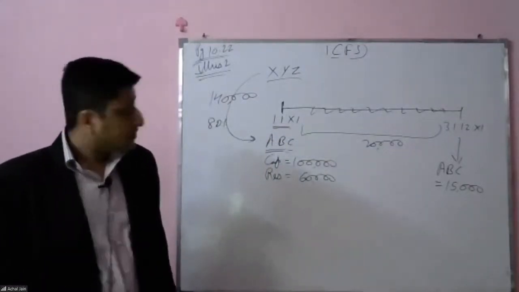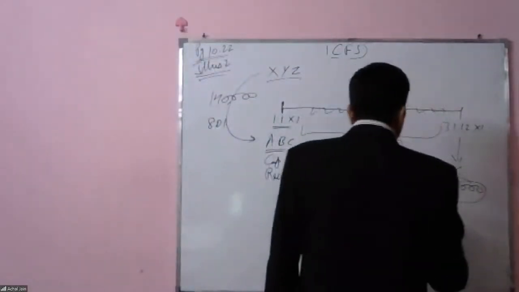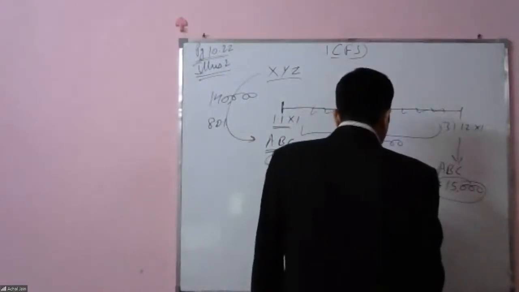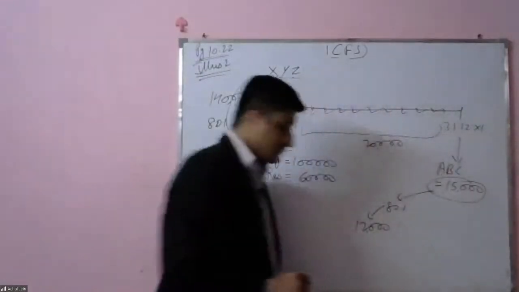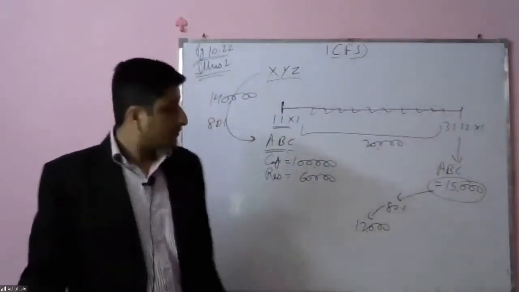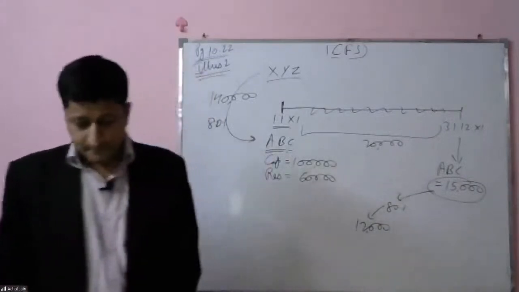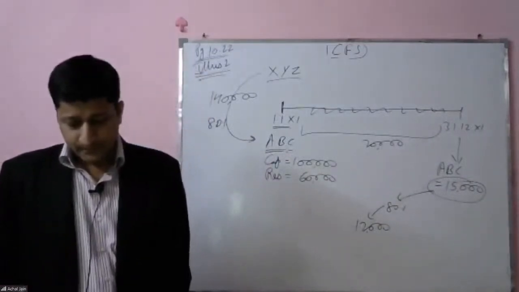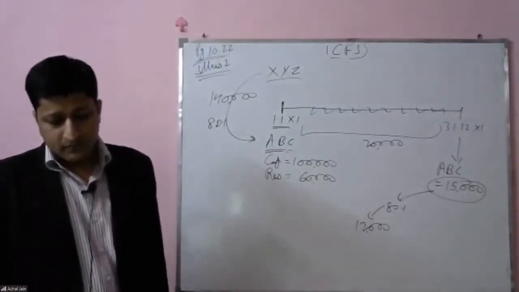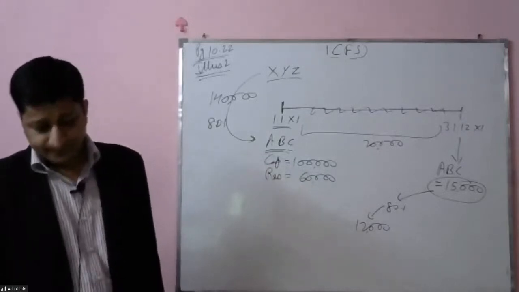So out of this 15,000, 80%, that means 12,000, will go to XYZ.